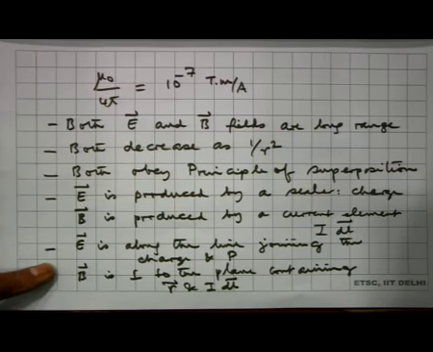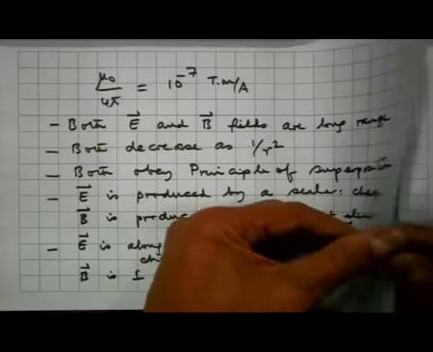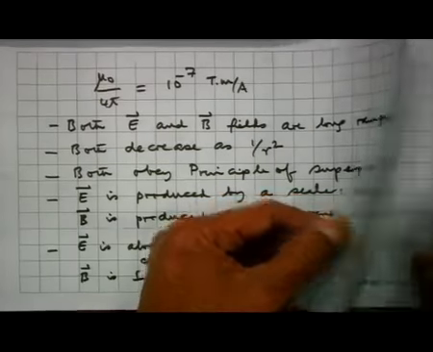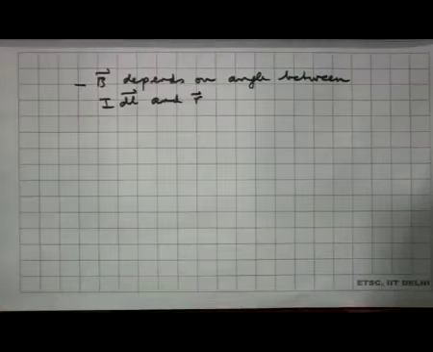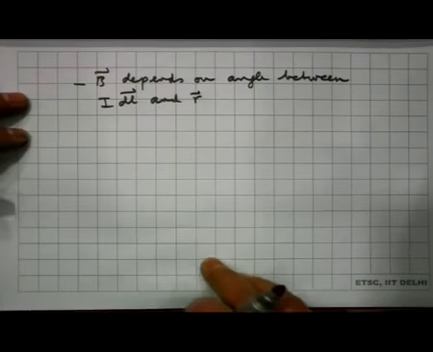The electric field is along the line joining the charge and the point P where you are calculating the electric field, while the magnetic field is perpendicular to the plane containing the r vector and the current element I dl. And finally, the magnetic field depends also on the angle between the current element I dl and r vector.